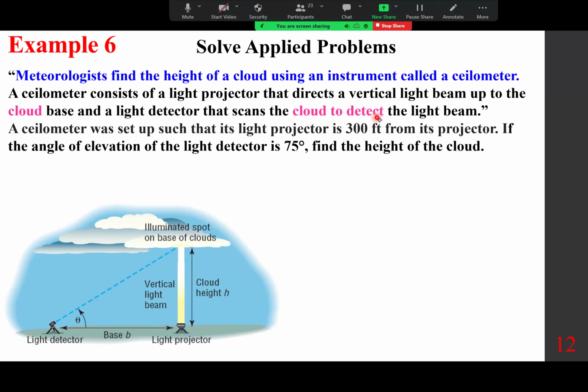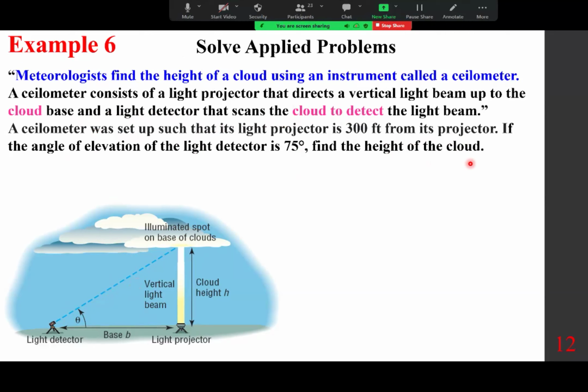So that's what we have. Now, a ceilometer was set up such that its light detector is 300 feet from its projector. If the angle of elevation is 75 degrees, find the height of the cloud.